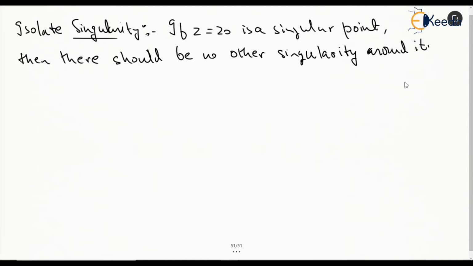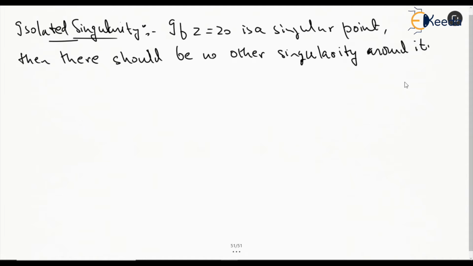So basically, isolated singularity is if at a certain point we have singularity and there are no other singularities nearby, and what nearby means is if we can circle that singularity by a small disk.